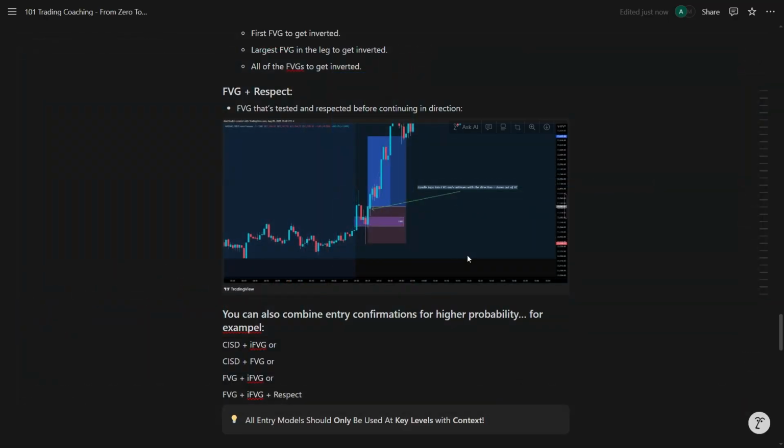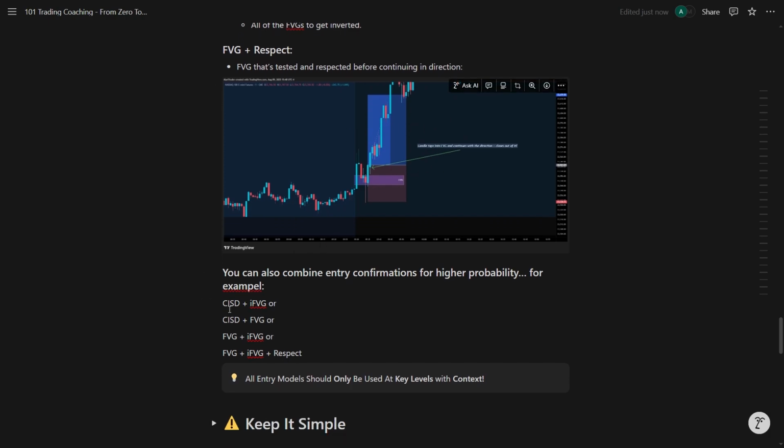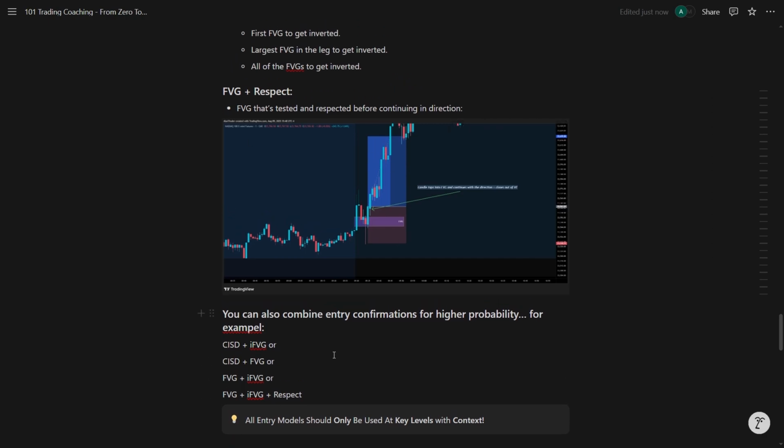You understand? Now, for these entry models, you can combine them. So you can combine entry models and confirmations for higher probability. So for example, you can have a CISD plus an IFEG, or a CISD plus fair value gap, or a fair value gap plus IFEG, or a fair value gap plus IFEG plus respect. Do you understand? So you can combine all of them if you would like to.